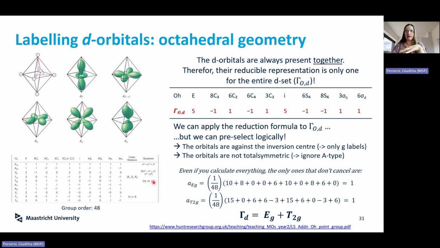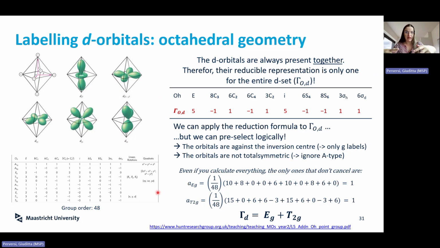The Oh point group has the following symmetry operations and is characterized by the following character table. So all the transformations that can be done in the Oh point group belong to the character table.